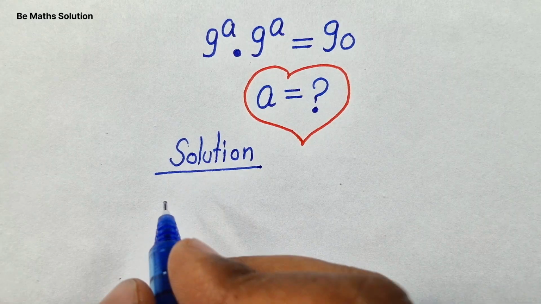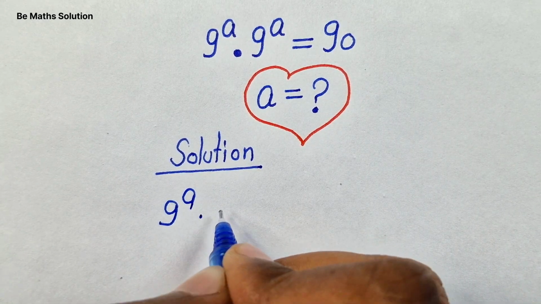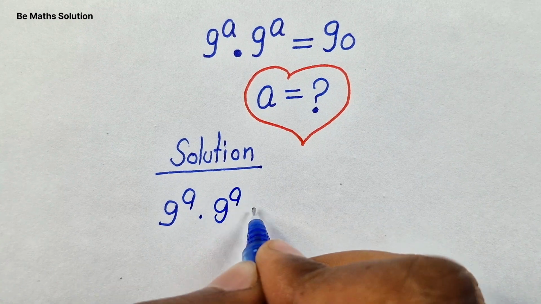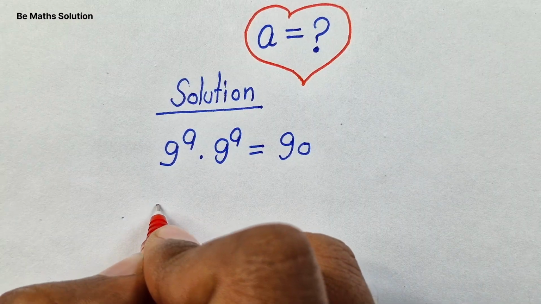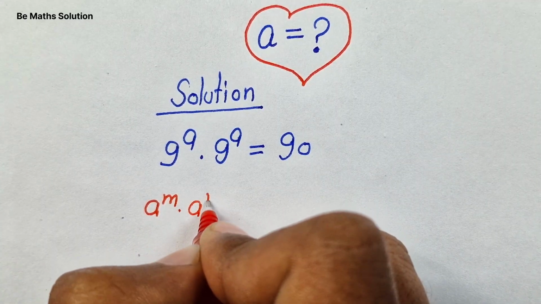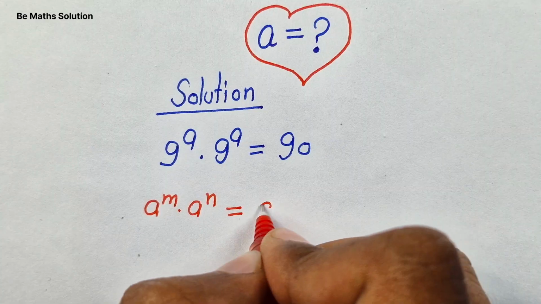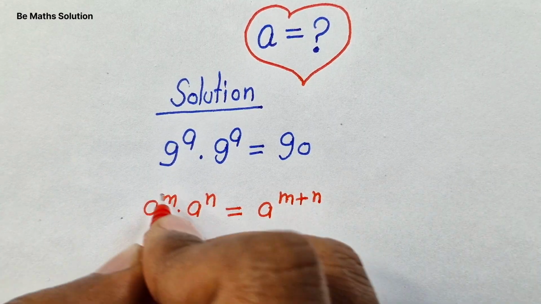So we have the problem 9 to the power of a times 9 to the power of a is equal to 90. As we know, a to the power of m times a to the power of n is equal to a to the power of m plus n.